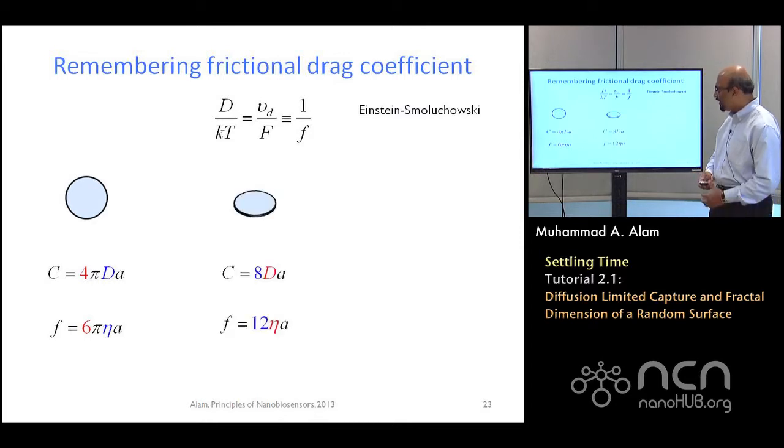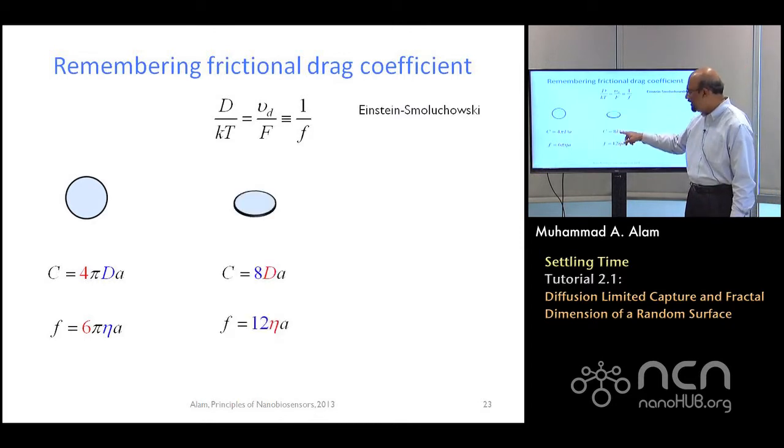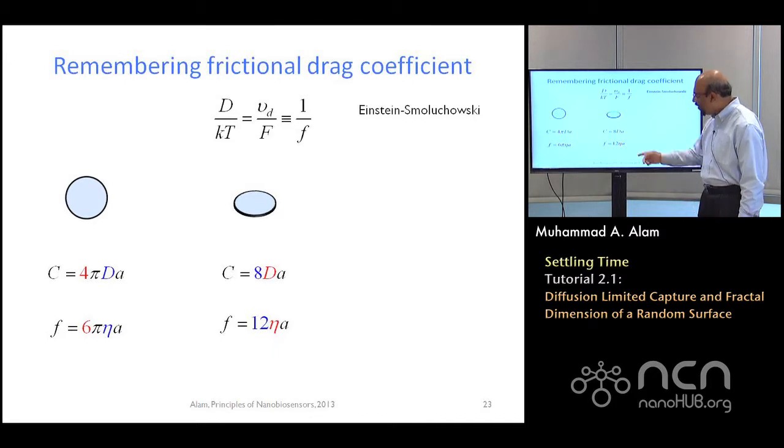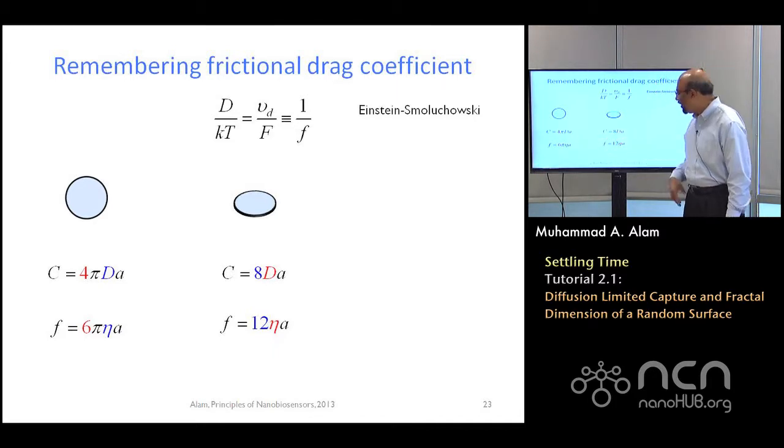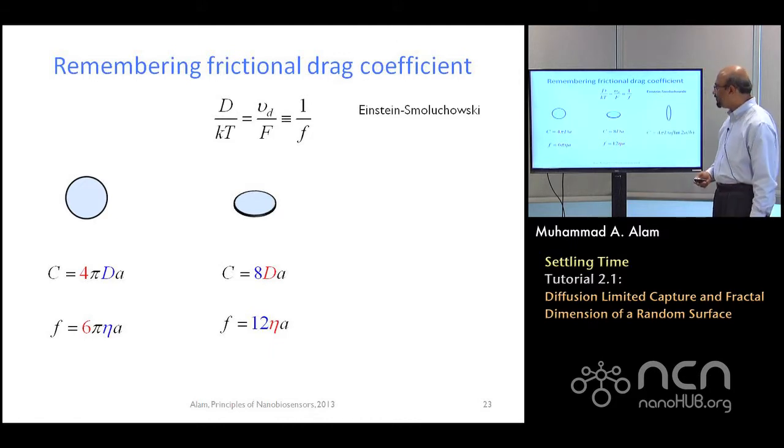What about a disk? I told you a few minutes ago, 8 epsilon a if it's a floating disk. All you have to do is to replace 4 by 6, so 8 will become 12, and epsilon with eta. Again, as soon as you know the capacitance, you know the drag force and you know the diffusion coefficient.